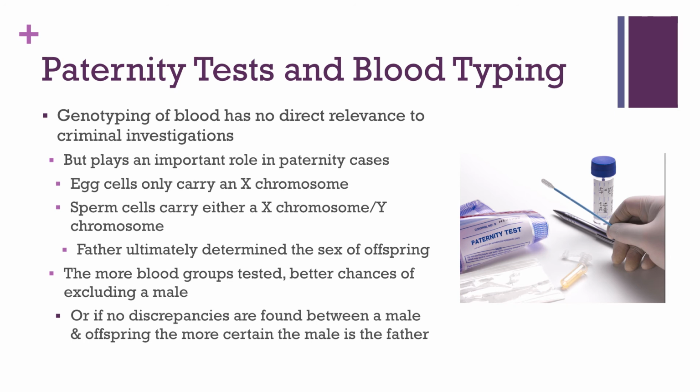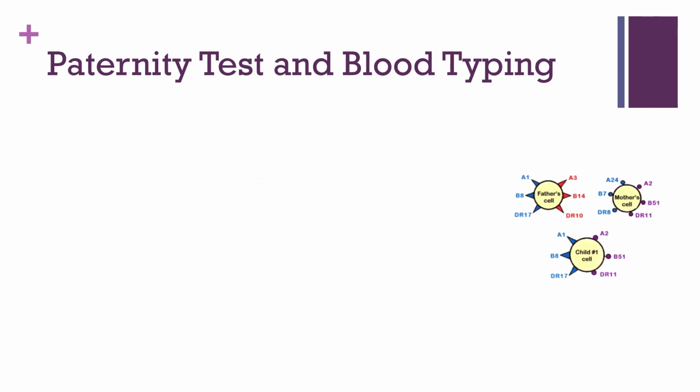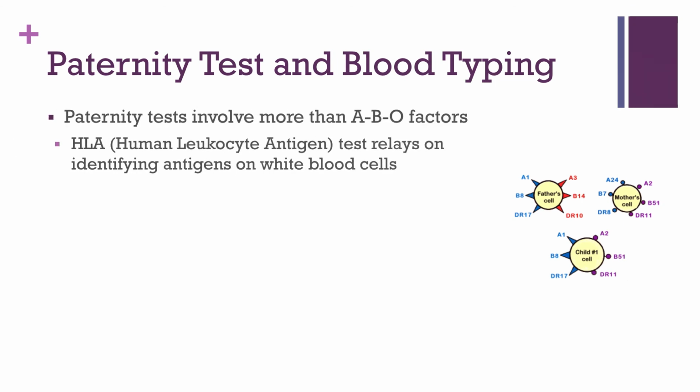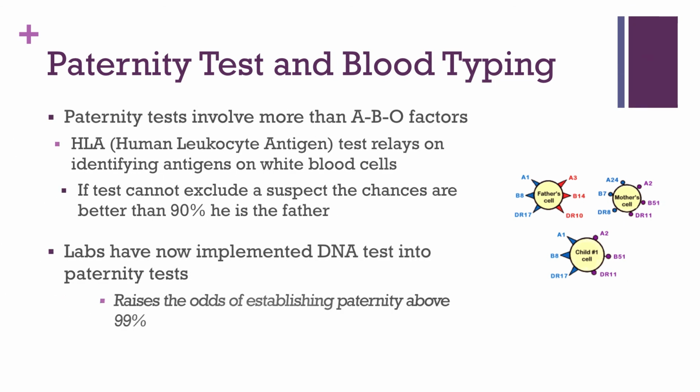As they are blood typing, the more blood group tests that they do, the better the chances of excluding a male, or if there are no discrepancies found between the male and offspring, the more certain that that male is the father of that child. But paternity tests often involve more than just ABO factors. They also contain HLA factors, which are human leukocyte antigens, which rely on antigens of the white blood cells.